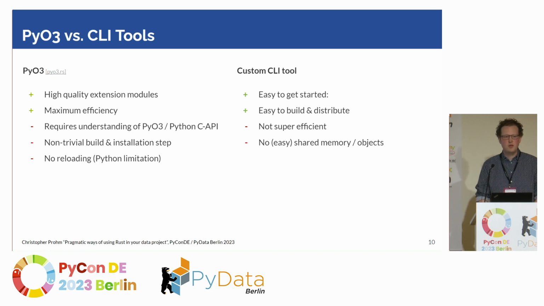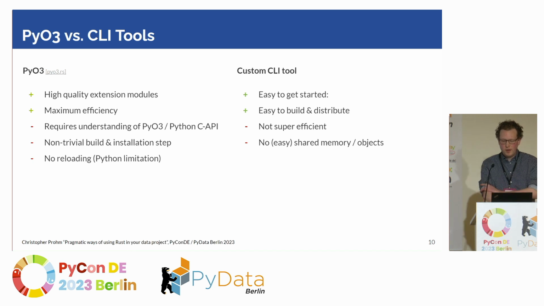We've seen this morning that you can just use Maturin, but still you have this extra step where you need to build something, compile something, and then integrate it into your Python environment. One big drawback for myself, personally speaking, is that you don't have reloading. Native extension modules, as far as I'm aware, cannot be reloaded. So for example, if you use it in your Jupyter interpreter, you have to kill the interpreter and start from scratch, which is something I really don't like.